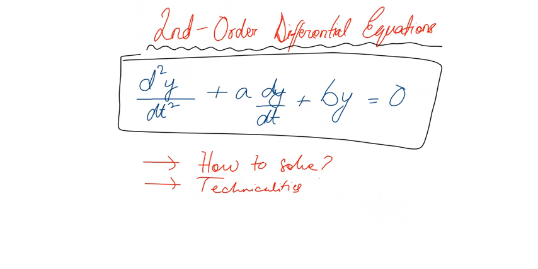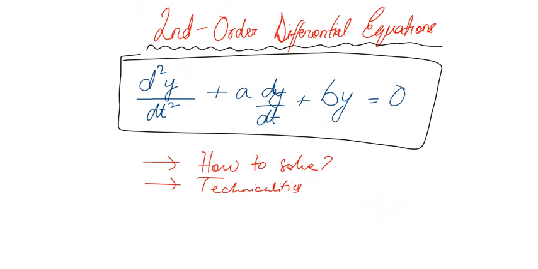Second order differential equation: what is it? As I have defined, it is an equation containing a second order differential, and it can be either of two types. It can be homogeneous, it can be non-homogeneous.